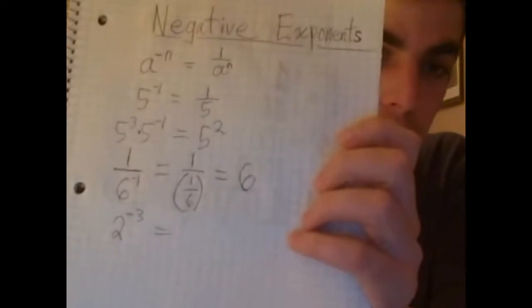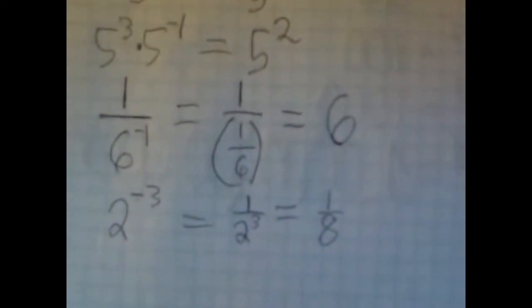Now let's do something where we have a higher power. So say 2 to the negative third. 2 to the negative third would be 1 over 2 to the third. You see how our negative exponent becomes positive, it just ends up in the denominator rather than the numerator. And if we were to compute this, we would get 1/8, simply because 2 to the third is 8.